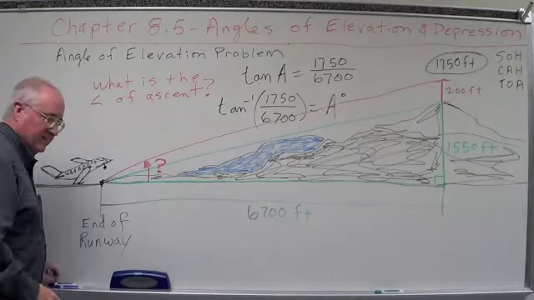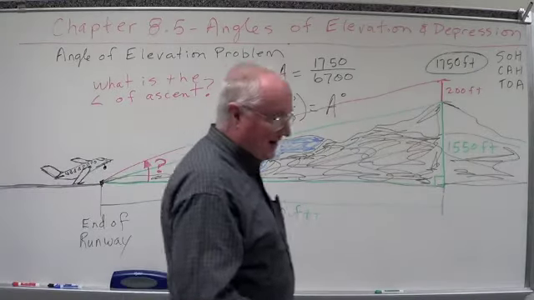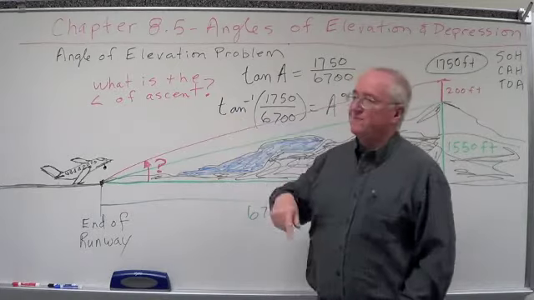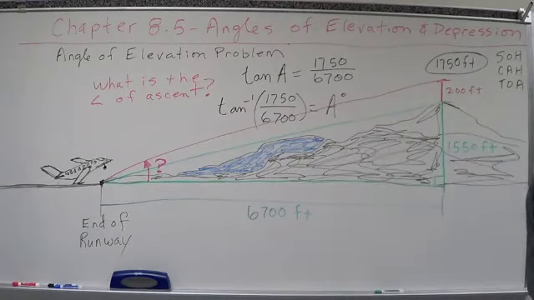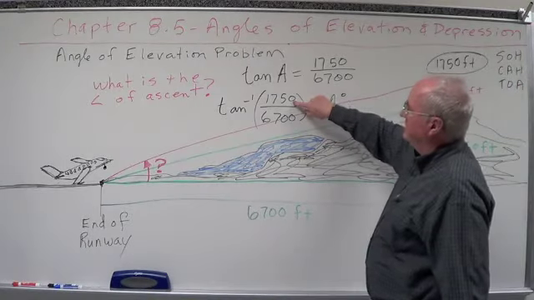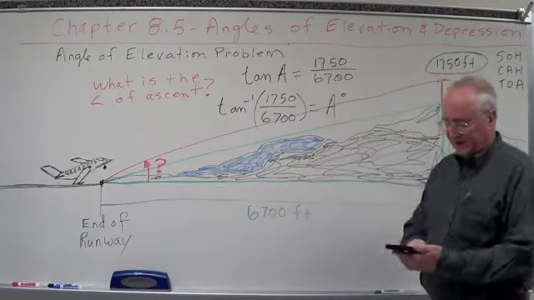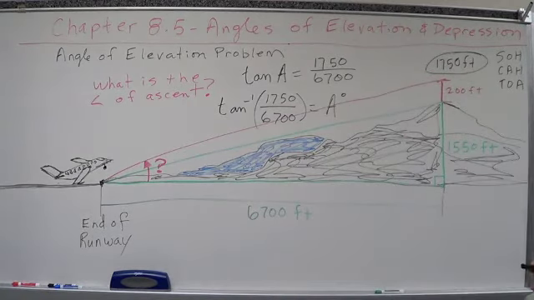Okay, so let's get our calculator out and do that. How do you do the inverse function? Second tangent. Put this number in there, divided by this number, close paren, press enter. Let's see what we get.